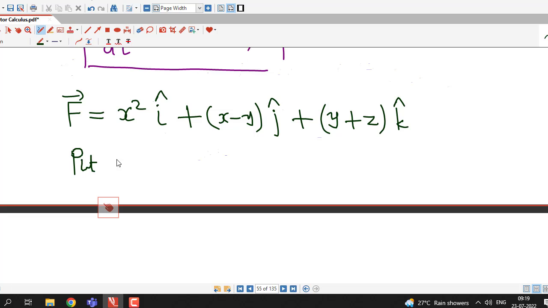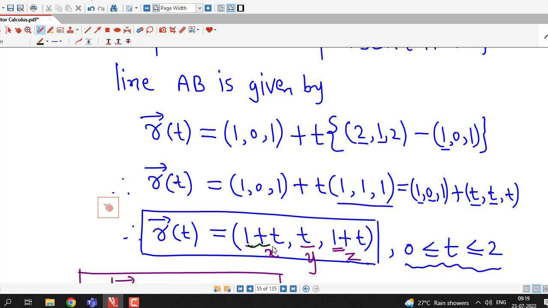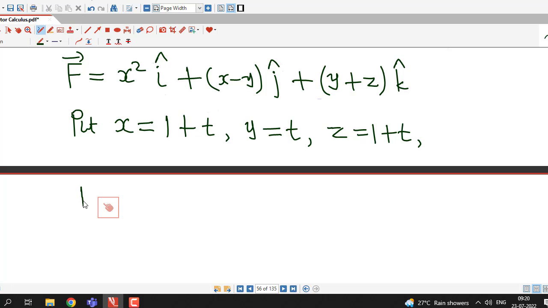Now we put x equal to 1 plus t, y equal to t, and z equal to 1 plus t. And let's see what our f bar will be. So f bar of r bar t, that is, we are converting f bar in terms of t.